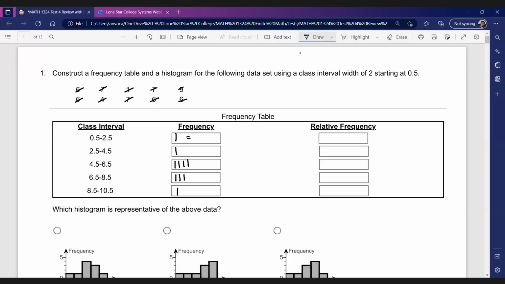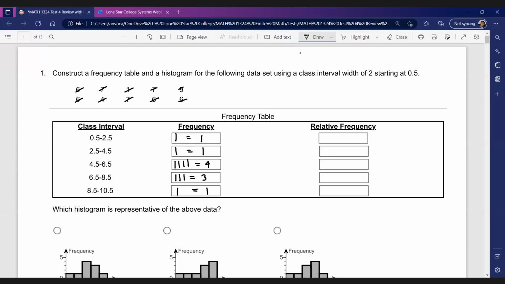In total, there's 1 score in the interval from 0.5 to 2.5. Also 1 score in the interval from 2.5 to 4.5. There's 1, 2, 3, 4 scores in the interval from 4.5 to 6.5. 3 scores belong to the interval from 6.5 to 8.5, and only 1 score is in the interval from 8.5 to 10.5.